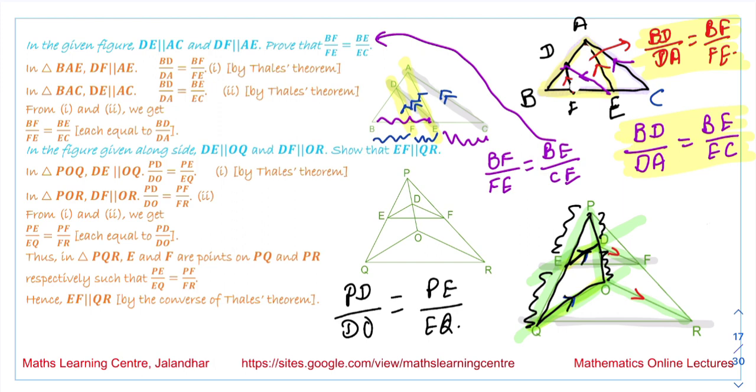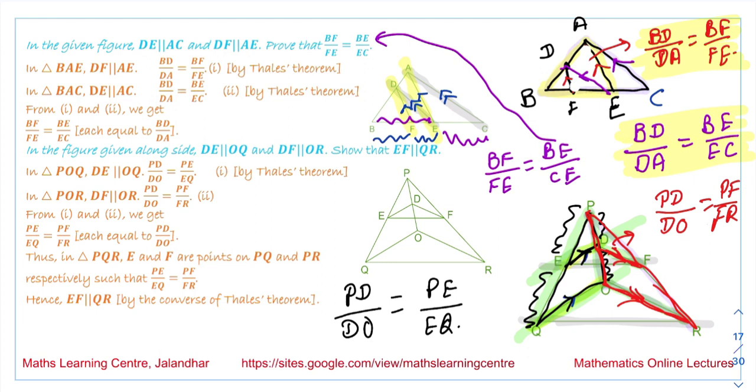Second, we are talking about the triangle POR. We are saying this triangle POR is there. I am drawing this over here. This is POR, and DF and OR are the two parallel lines that we have. So in this triangle, the result we are having is that PD over DO is equal to PF over FR.